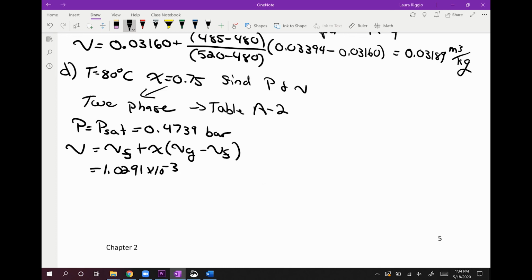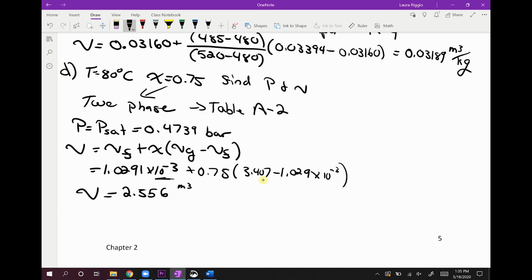Please note that for water in particular, the values of your saturated liquid specific volume are listed 10 to the 3 times larger than they actually are, which is where this comes from. So my specific volume in this case is 2.556 meters cubed per kilogram.